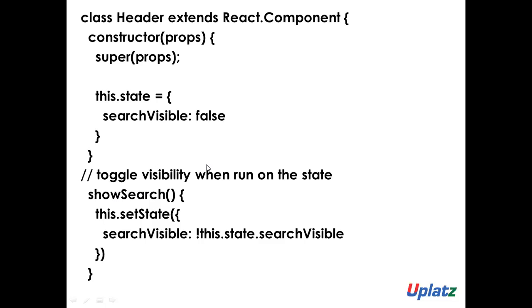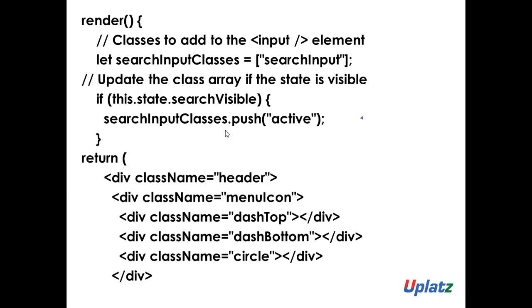For toggling visibility on the run state, what I need to do is change the state of search visible. I initially made it false, and now here it will become true. So not equal this dot set state search visible. After that, inside the render, I need to add a class and an input.